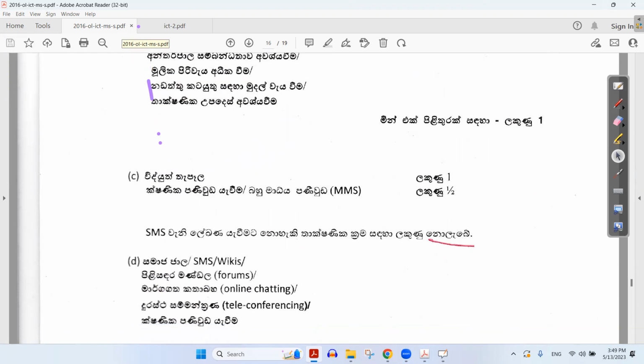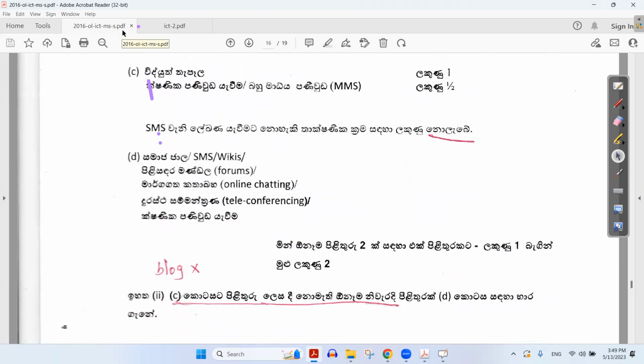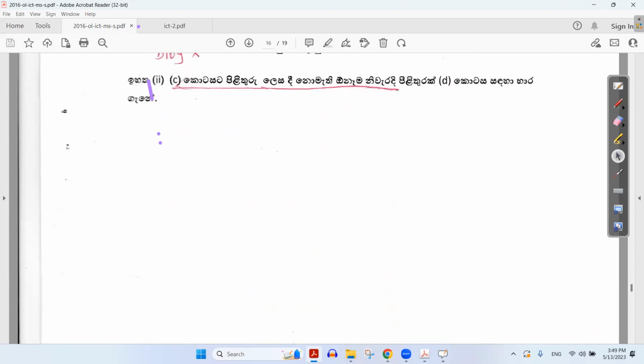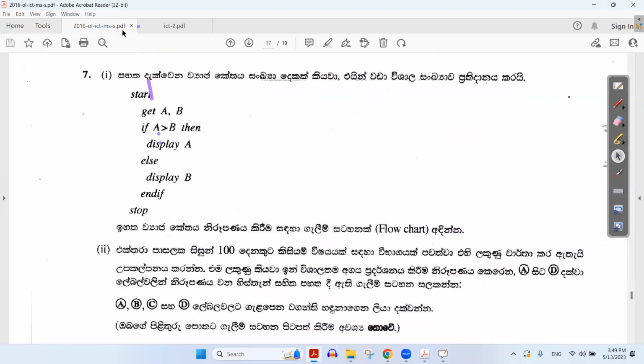For part D, they have given these things: social media, forums, online chatting, teleconferencing, instant message service. Right. So see how much you got out of 10 for this. Then we can move to the classical question.